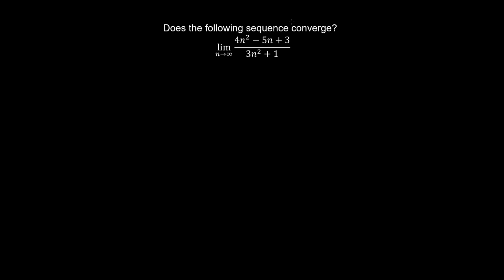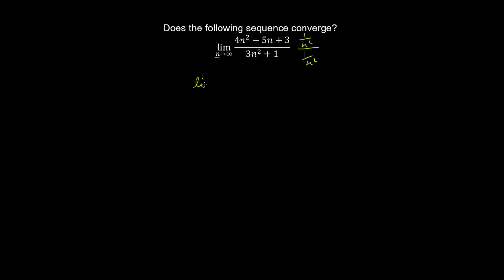Let's determine if the following sequence converges. And this is done in much the same way as when we evaluate the limits of functions, because this sequence behaves like a function, except these numbers are discrete integers. So what we do is multiply by the reciprocal of the fastest growing term in the numerator and denominator.